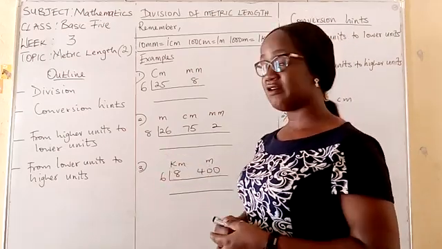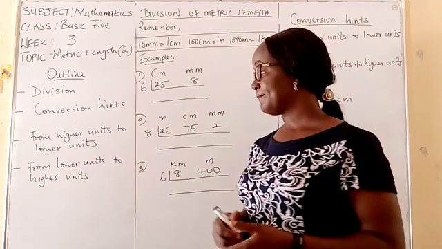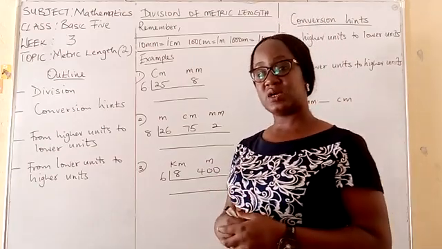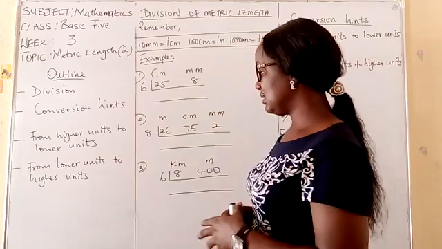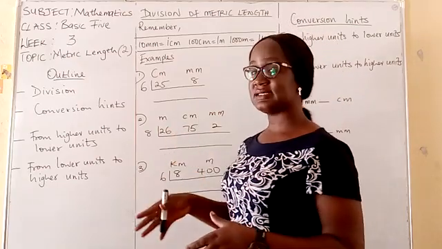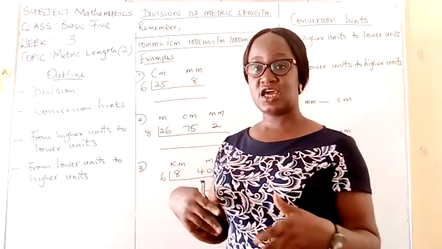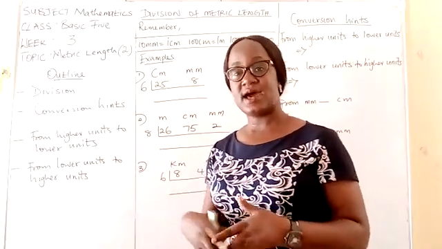I will give you conversion hints as usual, not different from what we have been doing in metric weight and capacity. We will be converting from higher units to lower units, and from lower units to higher units.